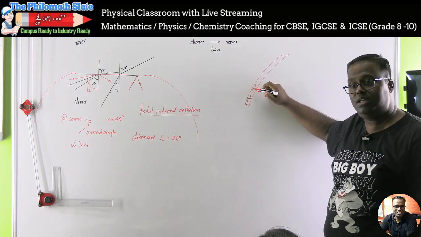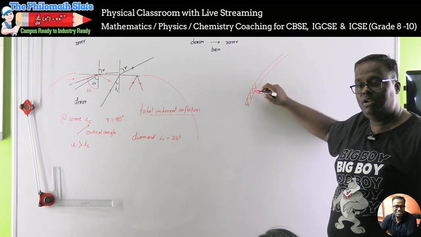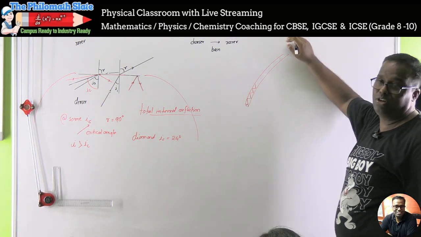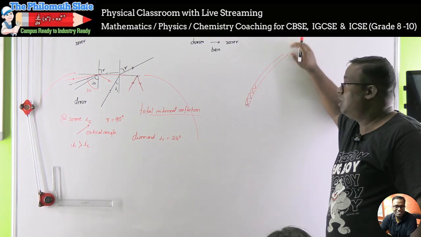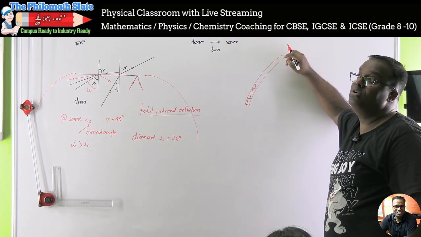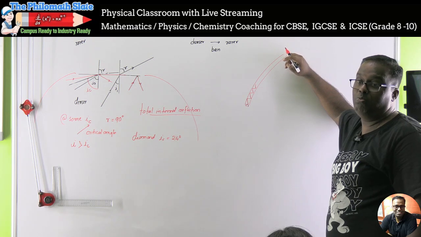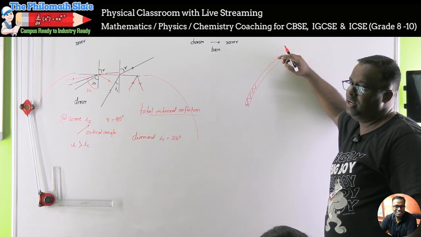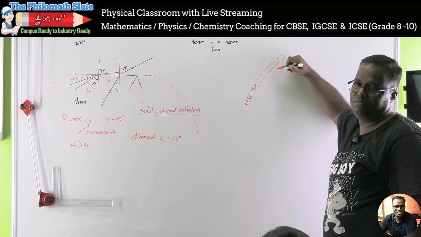No amplifier is needed. It can travel, and all the undersea cables from continent to continent are coming due to this. Otherwise, how are you able to see the match on Hotstar? 2.6 crore people watching a match. Can you imagine how much bandwidth is consumed? It won't come through a wire. This is optic fiber.